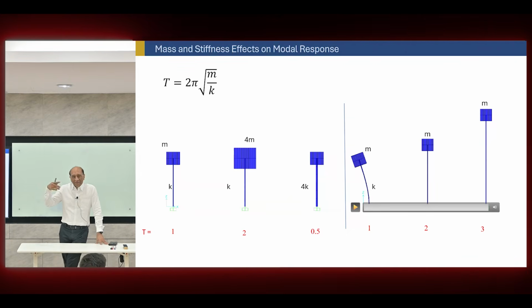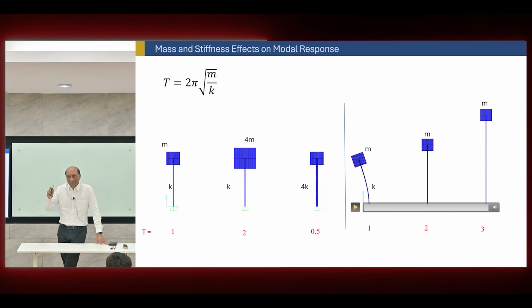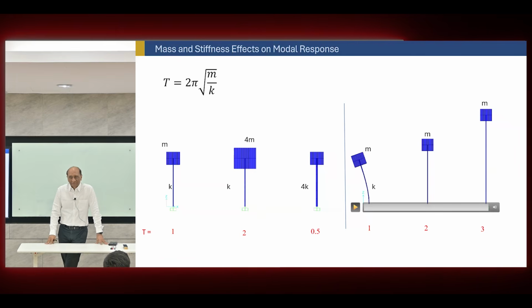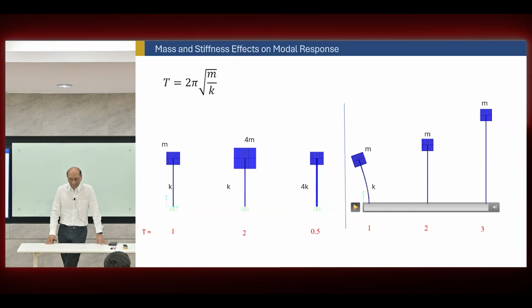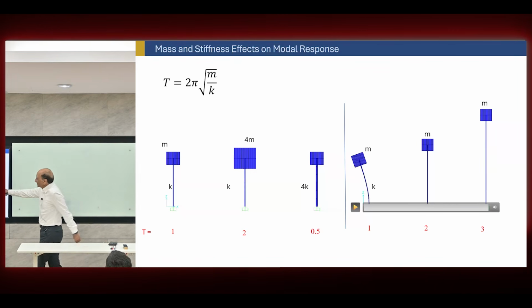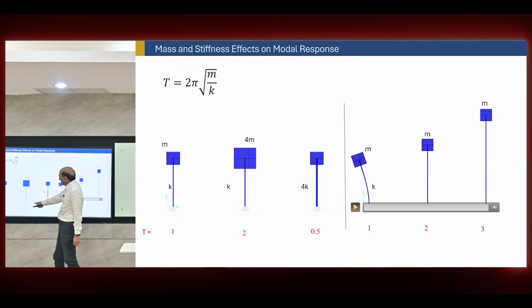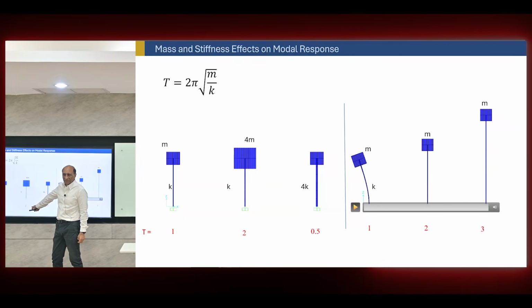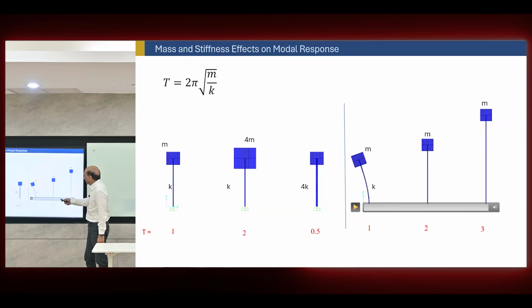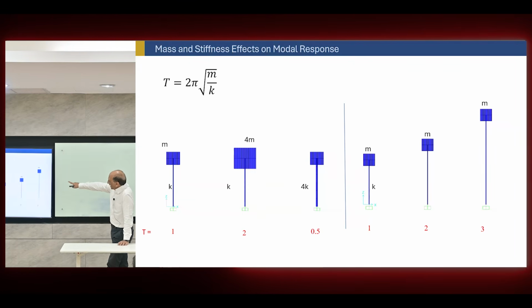If you increase the mass, the structure will become softer in terms of the motion, and it will be easier to move. And if you increase the stiffness, it will become harder. So you have mass and stiffness, and you can see there's a clear multiplier with the same thing, right? And this is another one. Here the mass is the same, but the height is changing.